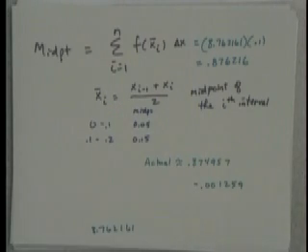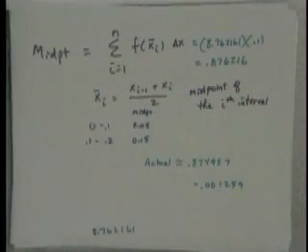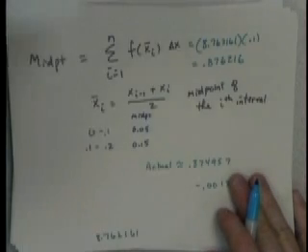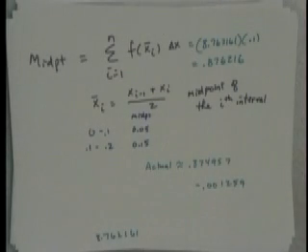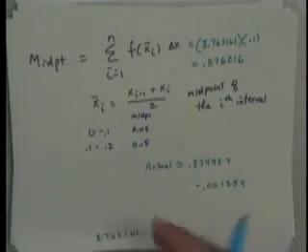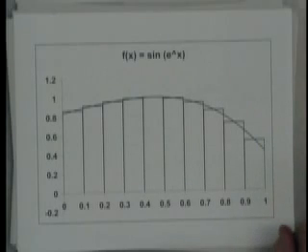Now it's sort of an interesting thing to look at. See if I can get one of these here and draw it out again. Where's that? There we go. Here's my midpoint rule.